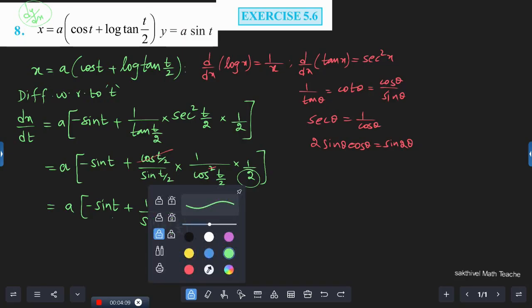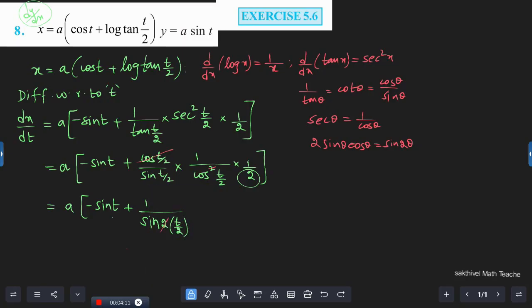So the 2 will be cancelled, and what I am getting remaining is 1 by sin t. If you cross multiply, what I am getting is minus sin square t plus 1 divided by sin t.